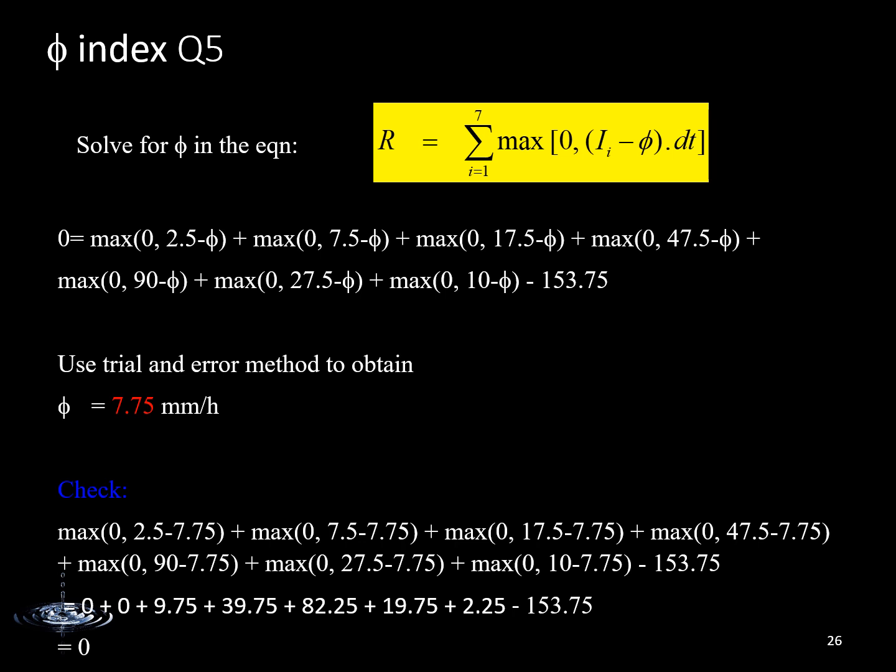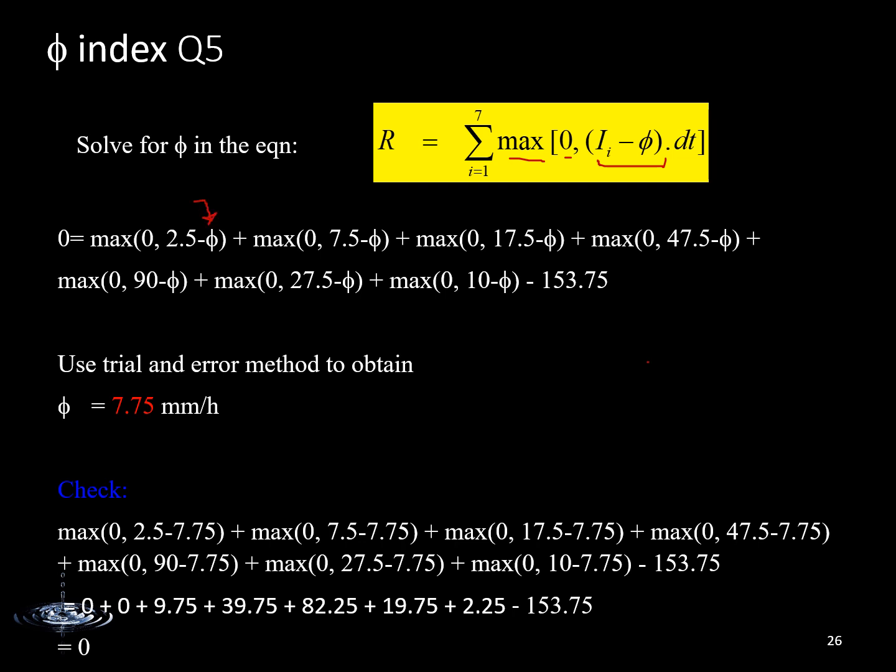Now, using the same equation for every hour, you just calculate the maximum of 0 and I minus phi. What does that mean? We don't know the phi value at first.